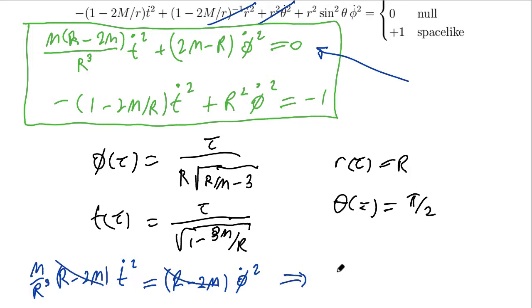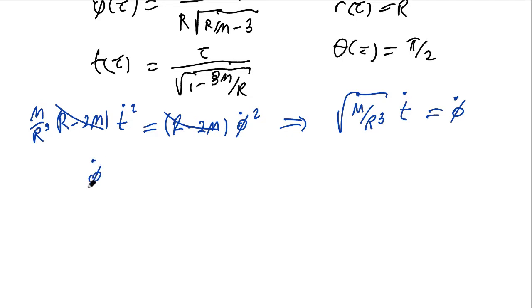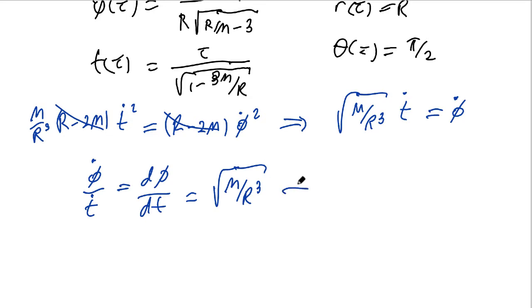So what we find, taking the square root of both sides, is the square root of m over r cubed times t dot is equal to phi dot. So phi dot divided by t dot, that's just d phi dt, is equal to the square root of m over r cubed.